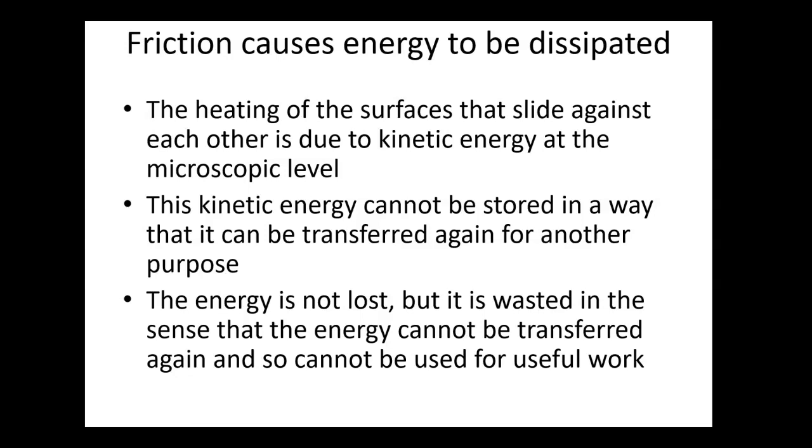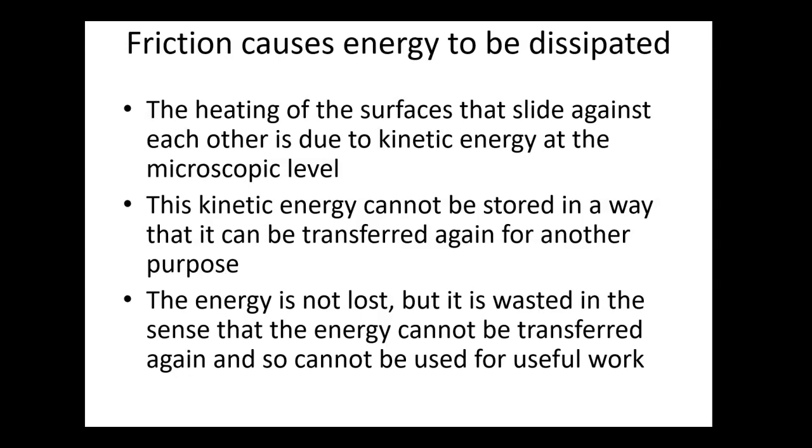So friction causes energy to be dissipated. That heating of the surfaces that are sliding against each other is due to kinetic energy, motion at the microscopic level, at the level of individual atoms and molecules.